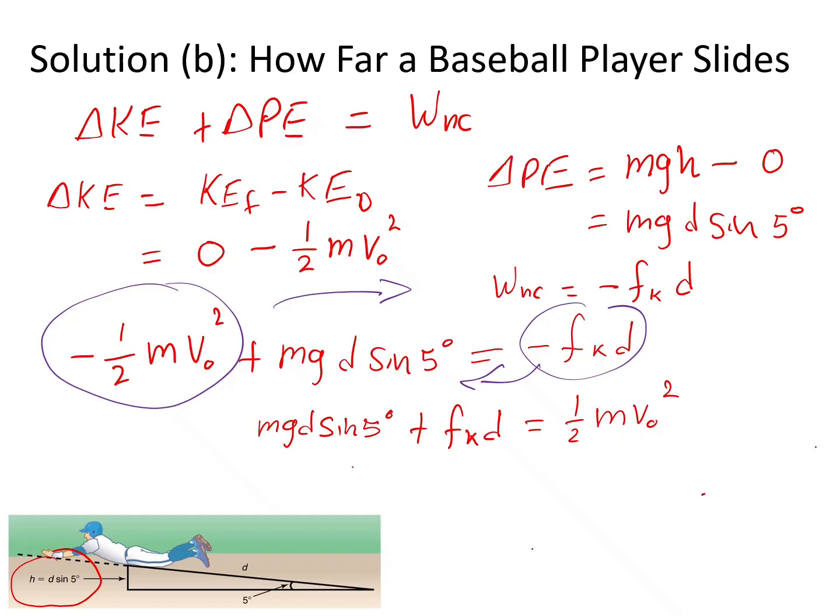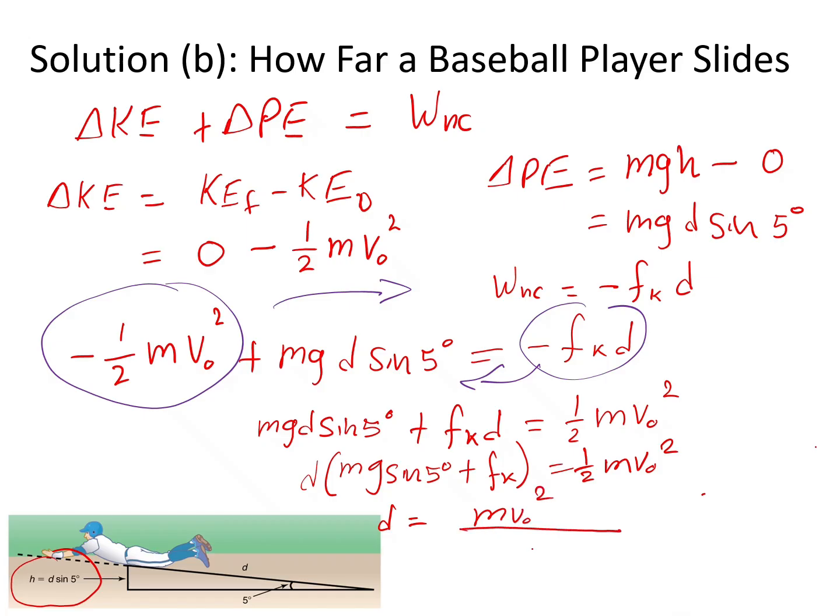Now we can factor out d, so we get d times (m g sine 5 degrees plus Fk) equals half m v naught squared. So d is equal to m v naught squared divided by 2 times (m g sine 5 degrees plus Fk).